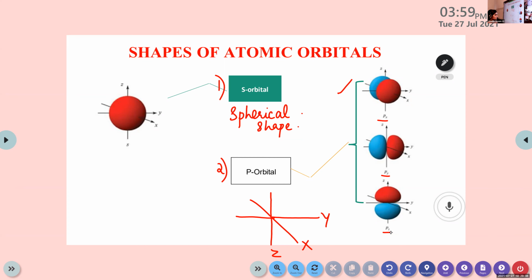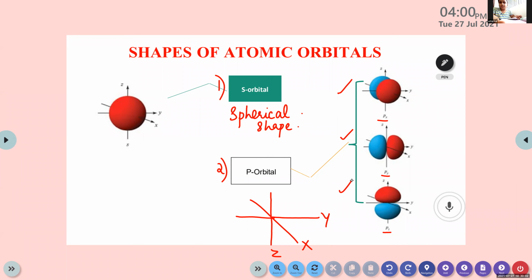There are 3 types of axis: x, y, and z. If you draw 2 lobes in the x-axis, you can write px. If it is in the y-axis, py. If it is in the z-axis, pz. So these are the 3 different orbitals of the p subshell.